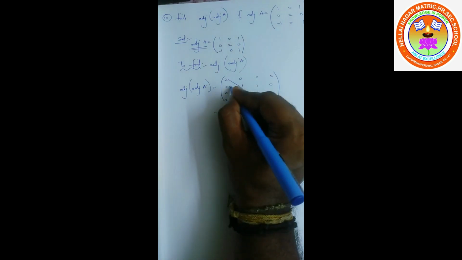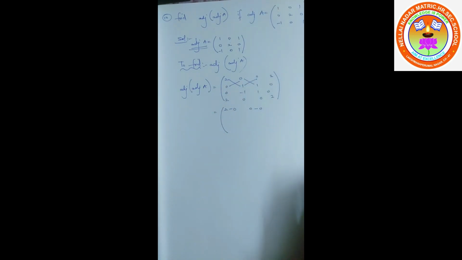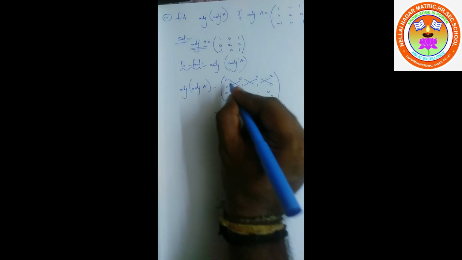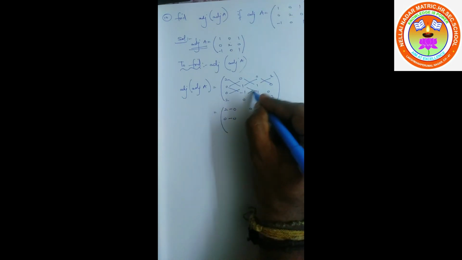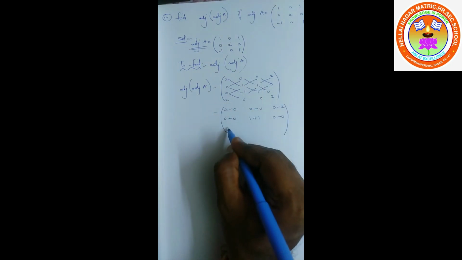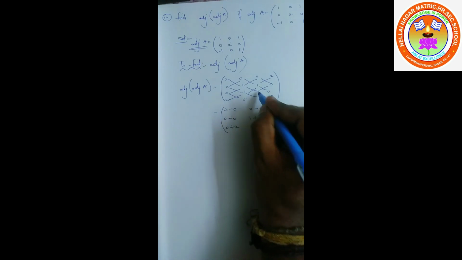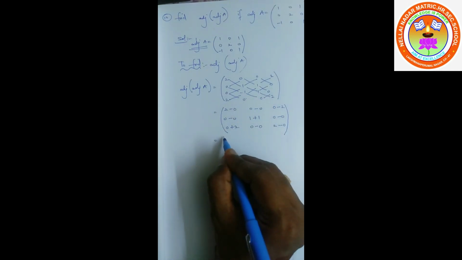So 2 into 1 is 2, always minus, 0 into 0 is 0, 0 into 1 is 0, always minus, 1 into 0 is 0, 0 into 0 is 0, always minus, 1 into 2 gives 2, 0 into minus 1 is 0, always minus, 0 into 1 is 0, 1 into 1, always minus, minus 1 into 1 is minus 1, already minus present, which becomes plus 1, 1 into 0 is 0, always minus, 1 into 0 is 0, 0 into 0 is 0, always minus, 2 into minus 1 is minus 2, always minus plus 1, so it becomes plus 2, minus 1 into 0 is 0, always minus, 0 into 1 is 0, 1 into 2 is 2, always minus, 0 into 0 is 0.